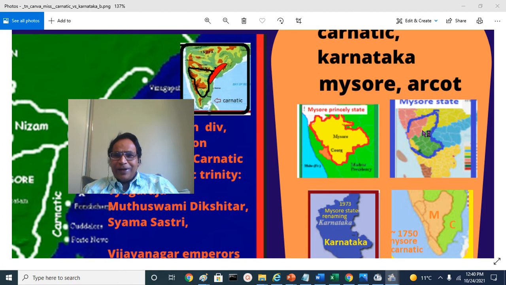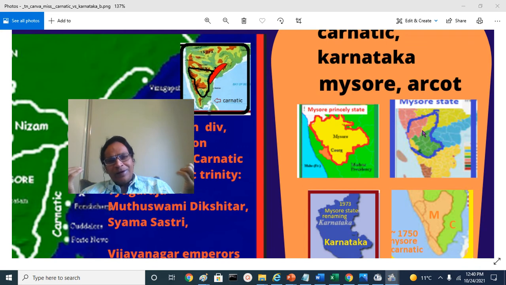And after some time they felt that the Mysore name was synonymous with the princely state of Mysore, and also there is a Mysore division, there is a Mysore town, Mysore city at the foothills of the Sahyadri mountains or Malnad region. They thought that doesn't represent the entire diversity of the area. They went back to the historical name and called it Karnataka. Today we know only Karnataka.